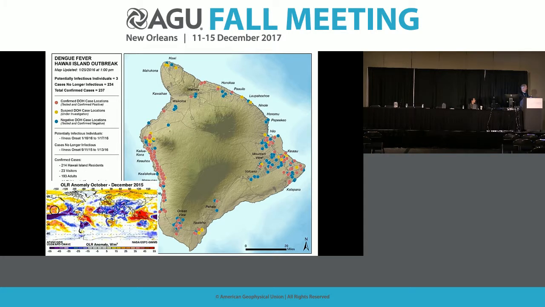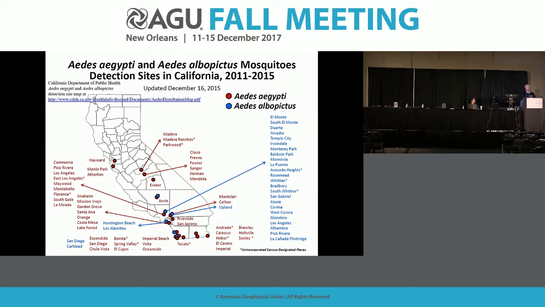And then this is what it actually looked like in Hawaii during that time period. Very elevated temperatures and a drought period conducive to dengue transmission. So a big impact there.